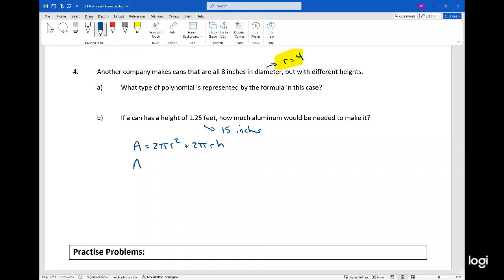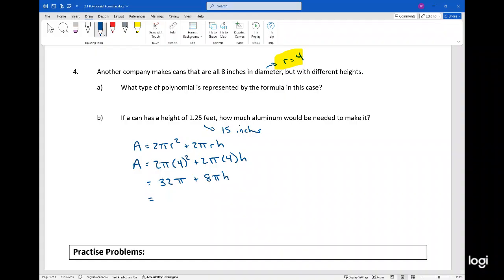So before I even start to solve part B, I'm just going to get a formula of 2 pi 4 squared plus 2 pi 4h, which is going to be 16 times 2 is 32 pi. I'll leave pi as a constant for 1 second instead of multiplying it out. And this is going to be 8 pi h.